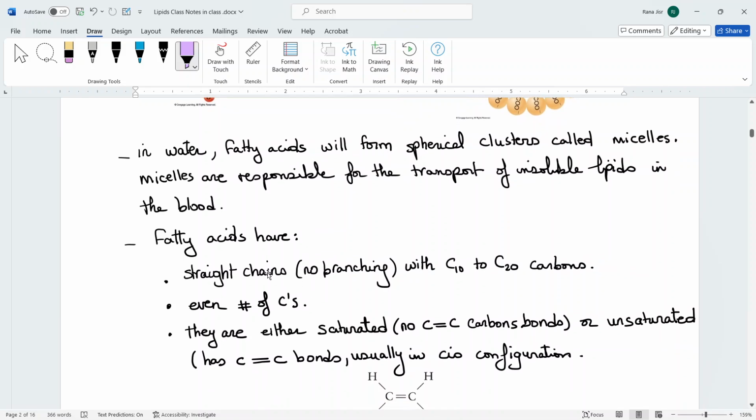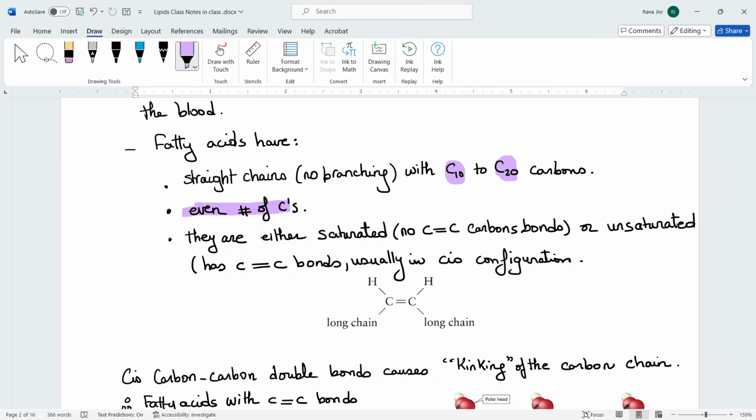So we said that fatty acids always have an even number of carbons. They do not have an odd number of carbons. Pay attention to that. It's a long carbon chain between C10 and C20. And within their carbon chain, you can either have double bonds, so the fatty acid will be unsaturated.